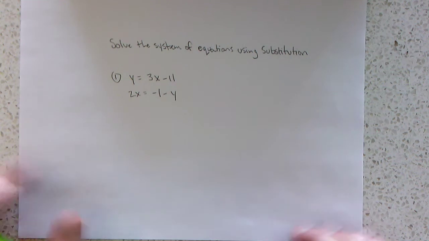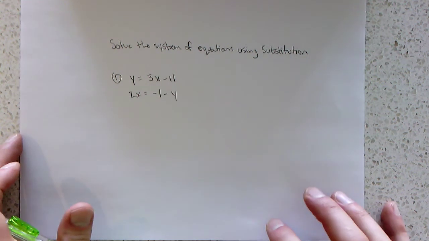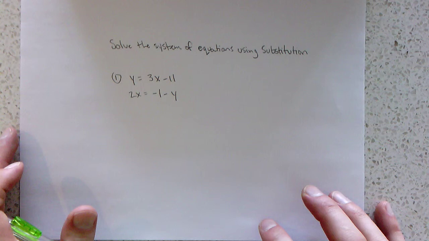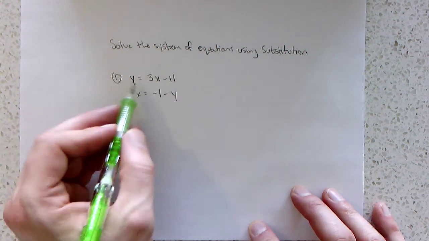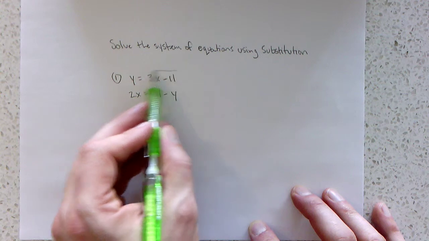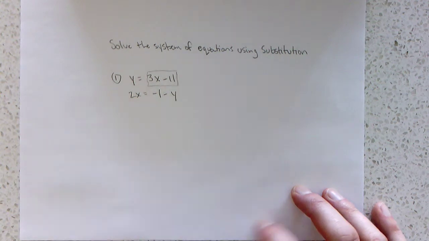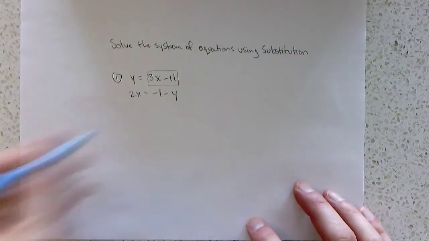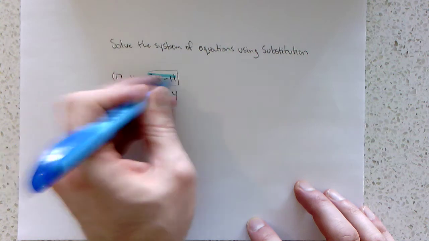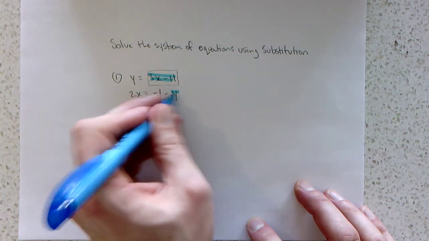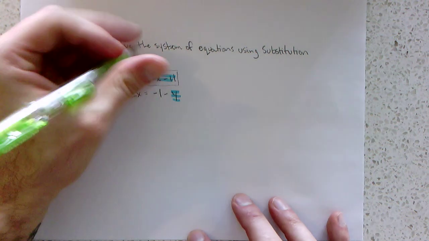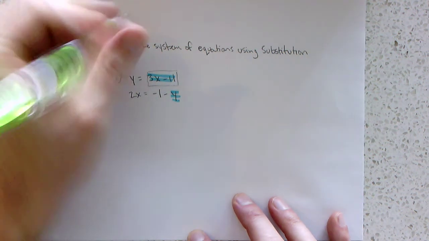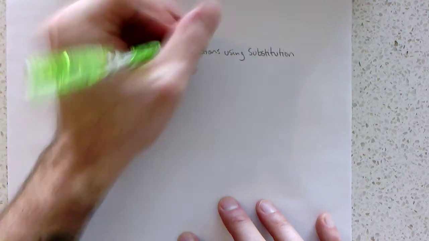So when I'm substituting, much like how I'm substituting in a value for one of my variables, I'm going to be substituting in this entire algebraic expression, so this entire thing, in for y. So what that looks like is I'm going to rewrite this. Let's rewrite it over here.